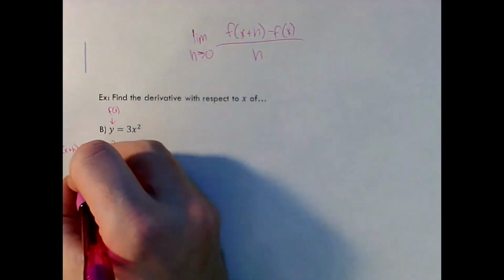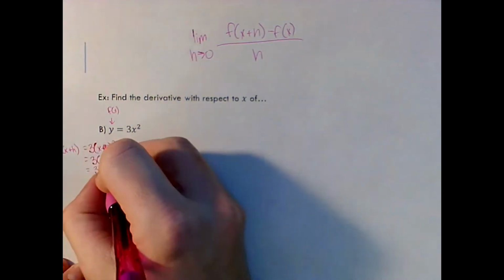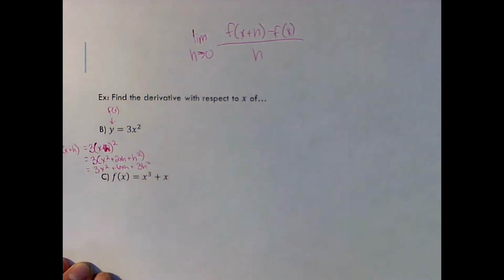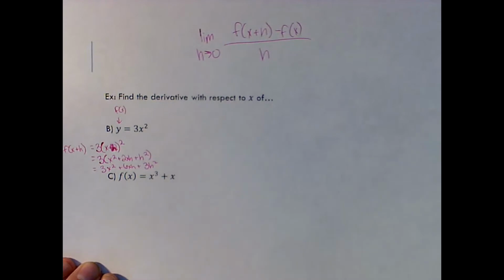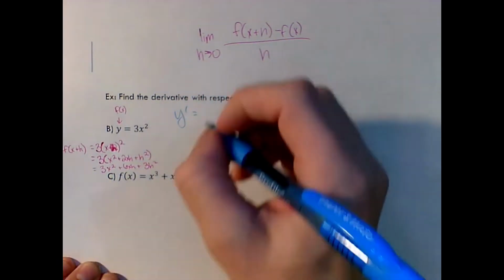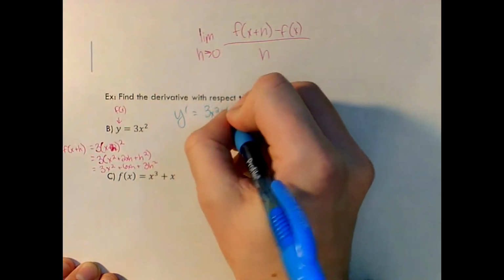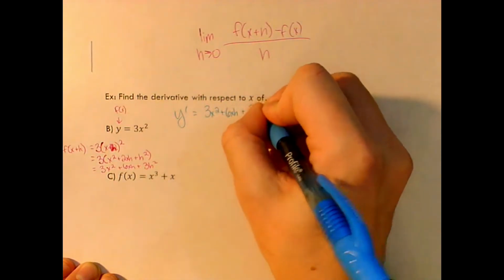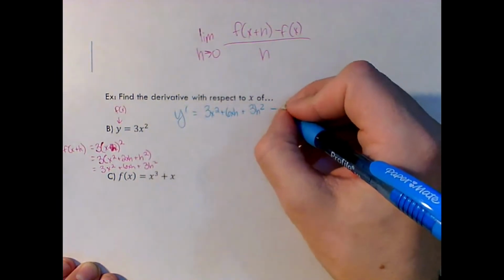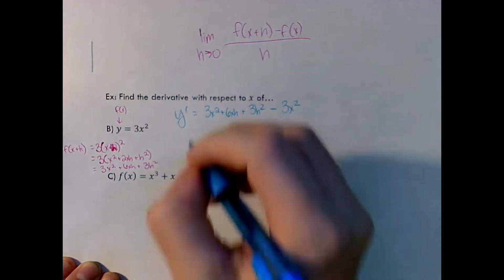Distributing the 3 through all of that, you get 3x squared plus 6xh plus 3h squared. So the derivative, which we'll call y prime, is going to equal f of x plus h, which ended up being 3x squared plus 6xh plus 3h squared, minus f of x, which is 3x squared, but since there's no distributing the negative here, I'm just going to write out 3x squared, all over h.